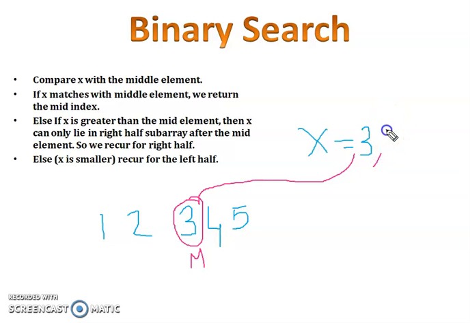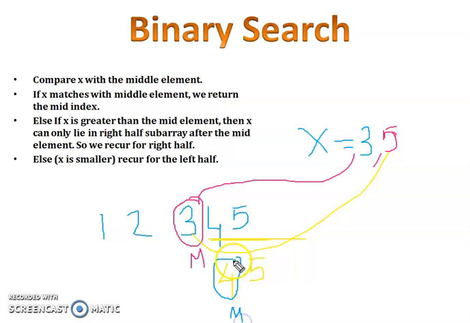Assume I wanted to search for the element 5. Now make a comparison between 3 and 5. 5 is greater than 3, so you need to concentrate on the right part. The remaining part is 4 and 5. Now the middle element becomes 4.